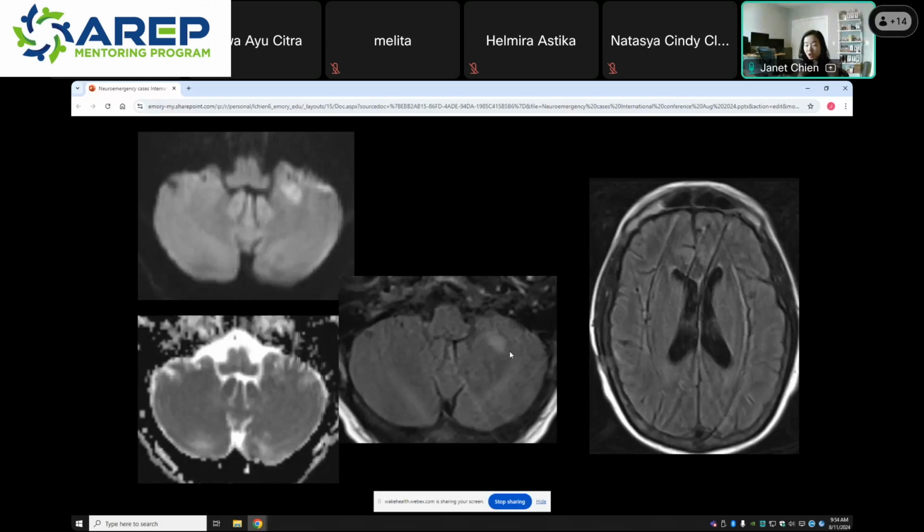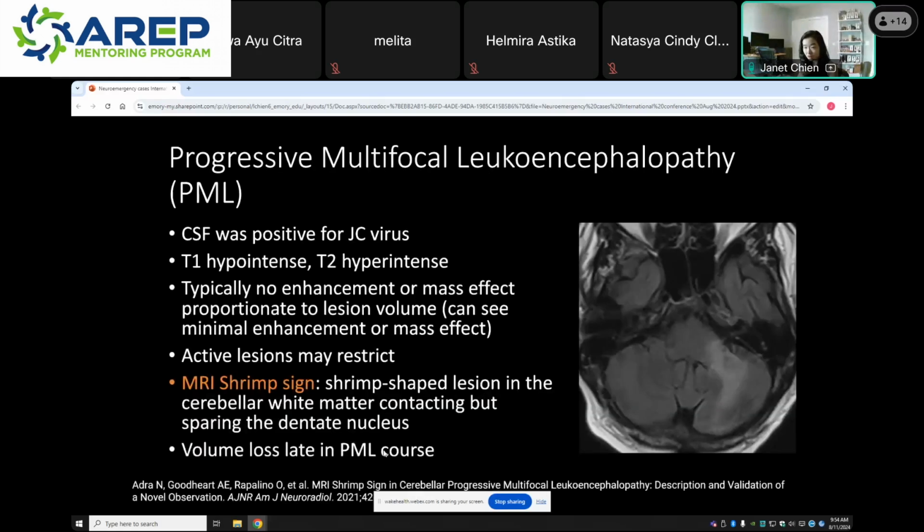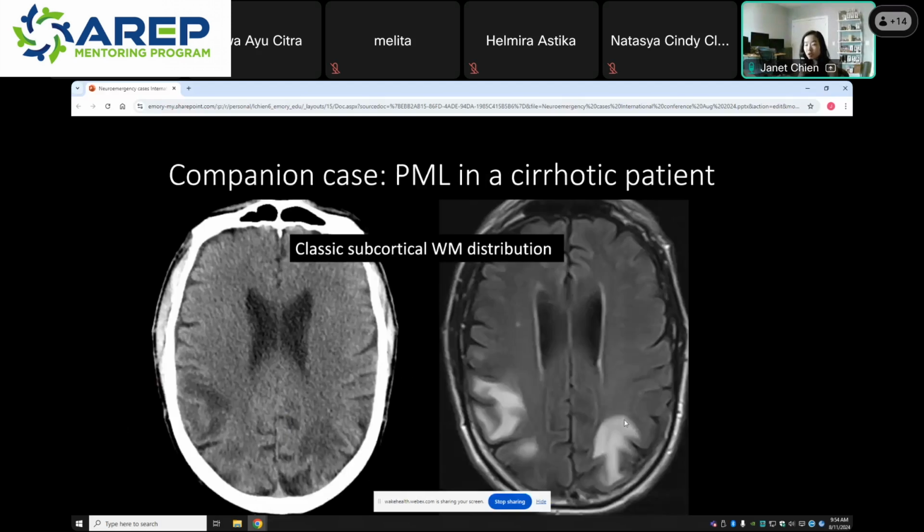At this point, he didn't have volume loss, but as the disease progresses, he developed volume loss late in the PML course. So, PML, remember, the classic distribution is subcortical white matter involving the U fibers, but it can also affect the posterior fossa.